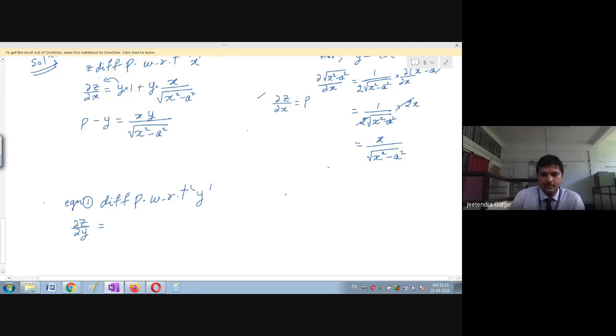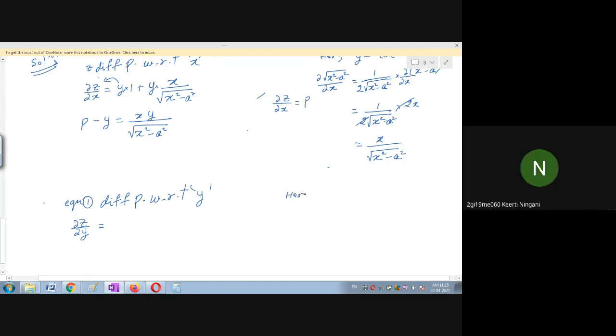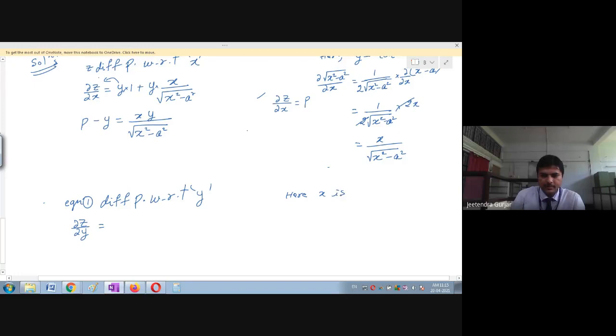Okay, now what do you keep constant here? Please remember again. Very good. X is constant. Excellent. So like this, you should remember x is constant. So I'll keep x as it is. Differentiate y. So the differentiation of y is 1 plus. Now here you can see what you are going to keep constant. Yes, x square minus a square remains constant.